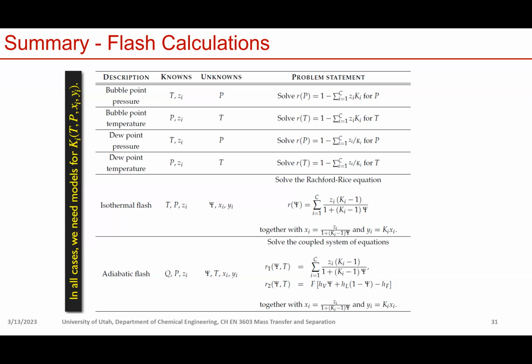For the isothermal flash here, we know the temperature, pressure, and the feed composition. We need to find the psi and the compositions. So we need to solve this Rachford-Rice equation. Again, you start from a guess of psi, plug the guess in here, and compute the residue.